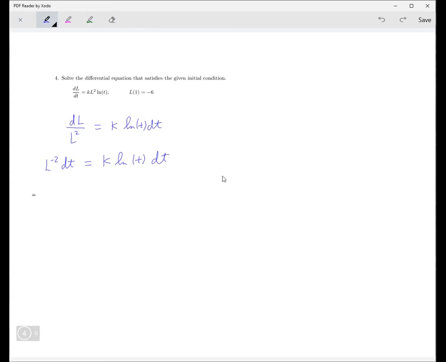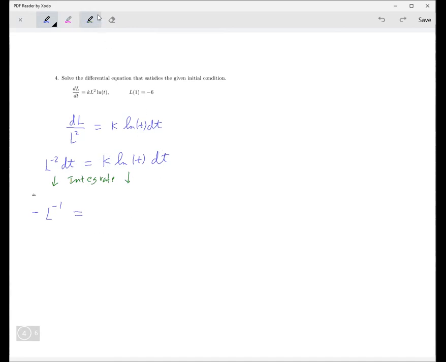Okay, so now we're going to go ahead and integrate this. Integrate each side separately. If you add 1 to this, you get minus 1. But you take your derivative, you have a minus 1 coming down. So, and then this is L to the minus 2.